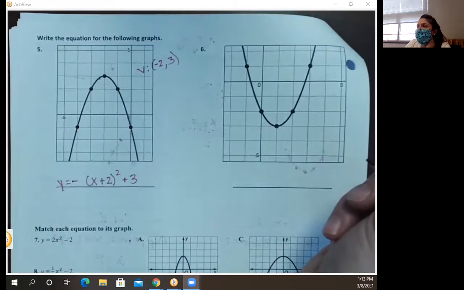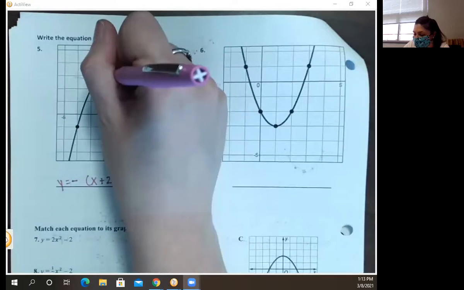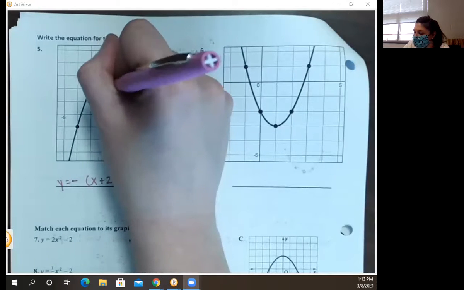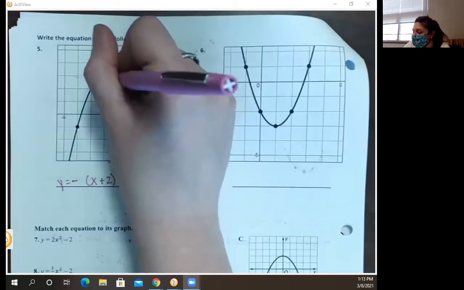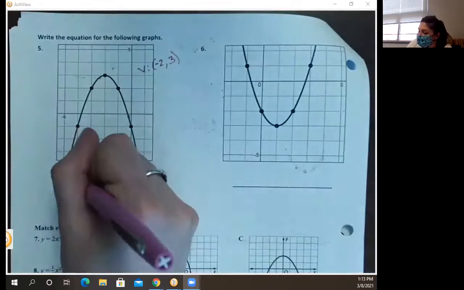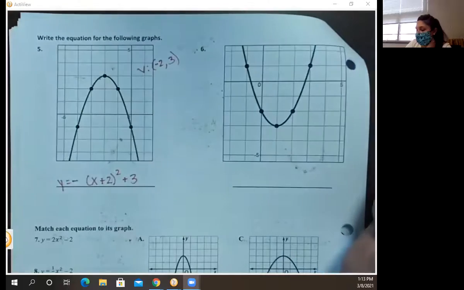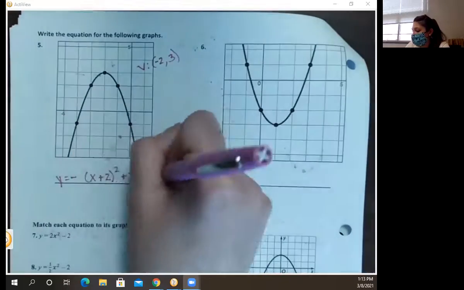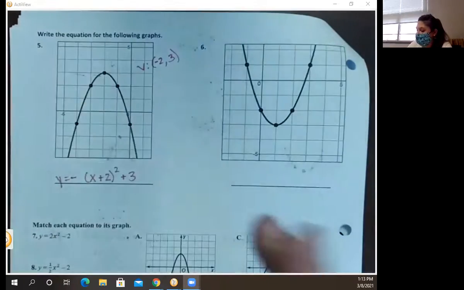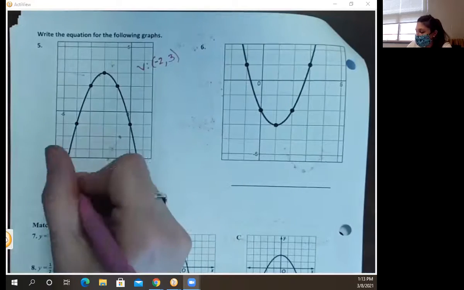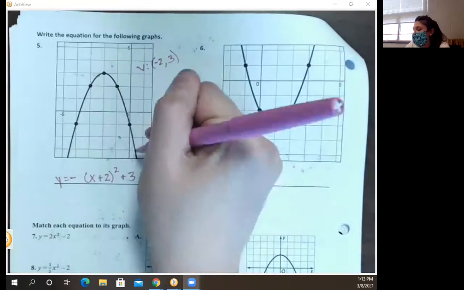I want to check to see if I compressed or stretched it at all. So I see from my vertex to the next point, I've gone down 1 and out 1. The down, again, reinforces that I flipped this, but since it's 1 and 1, I haven't stretched or compressed it at all. So this is my function for this parabola. I've got the vertex here and a negative in front because it opens down.